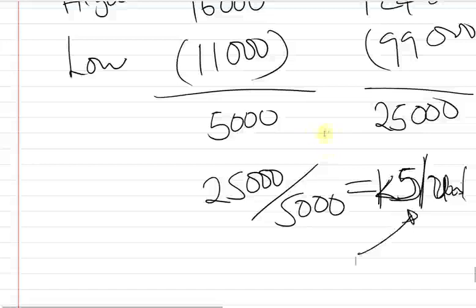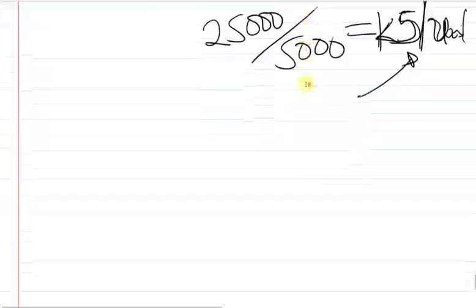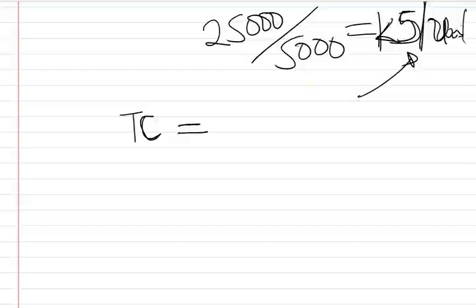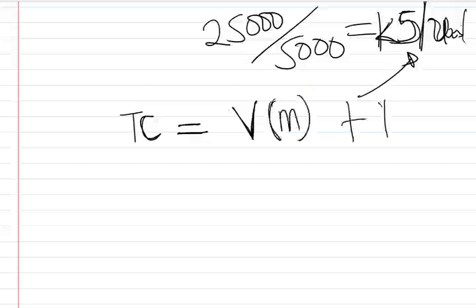For you to find the fixed element, you use this formula. Total cost is equal to variable cost per unit, that's V, times number of units, I'll call this M, plus fixed cost. So this is variable cost per unit, and this is the activity level.